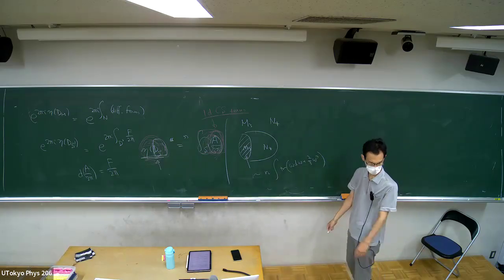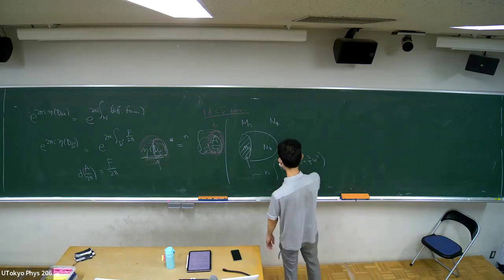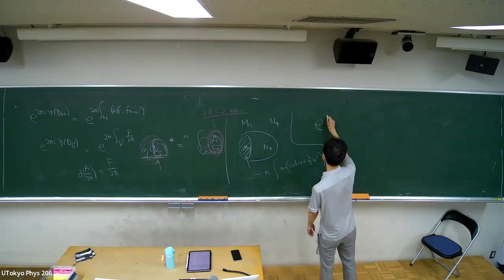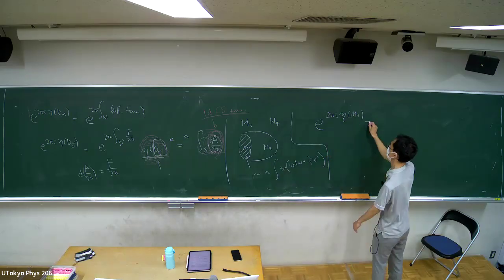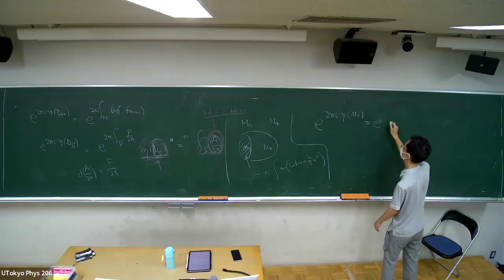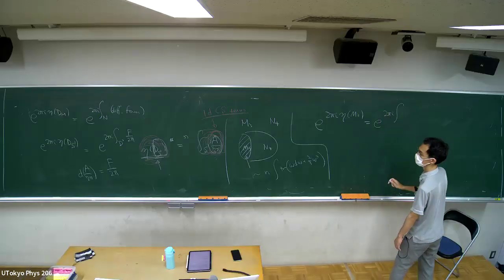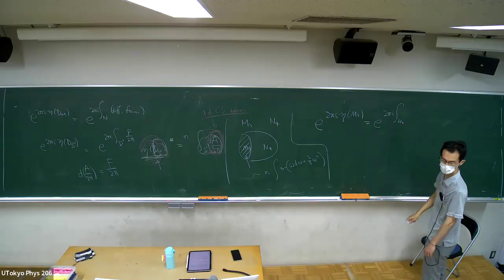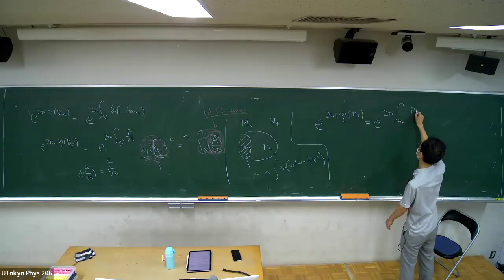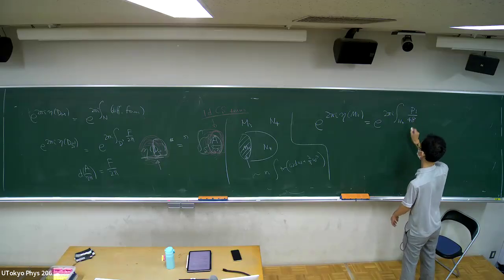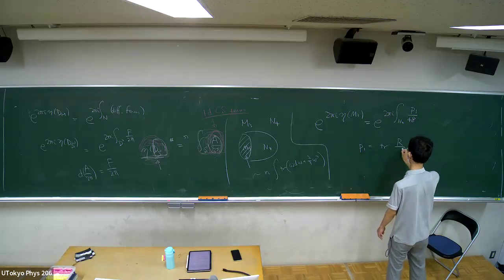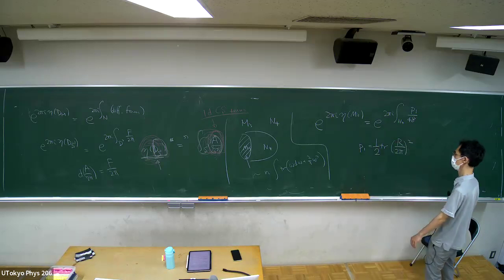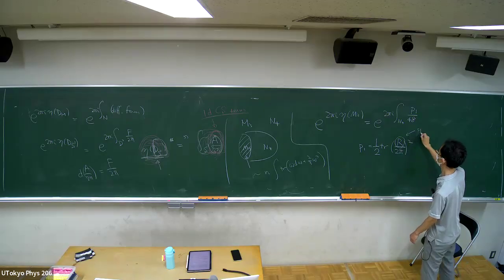At the beginning of the lecture. So the correct statement is that exponential of 2 pi i eta of M3 is equal to exponential of 2 pi i over the integral over N4 of a certain differential form, P1 over 48, where P1 as a differential form is trace of R over 2 pi squared, divided by 2, if I remember correctly, where R is the space-time curvature.